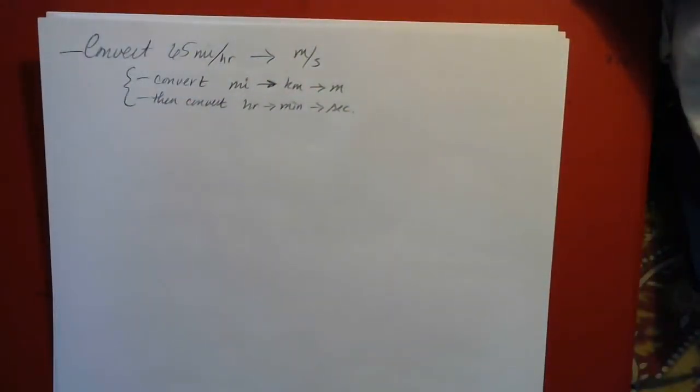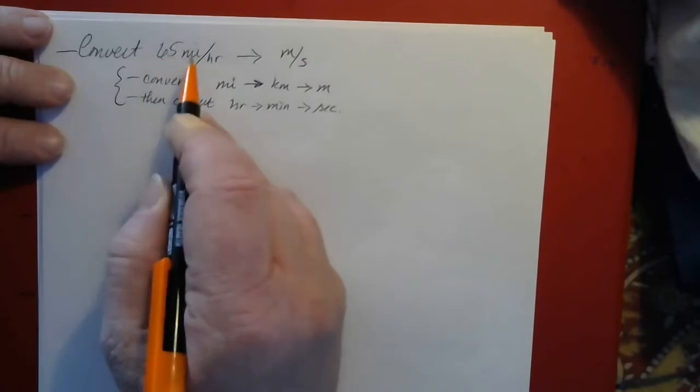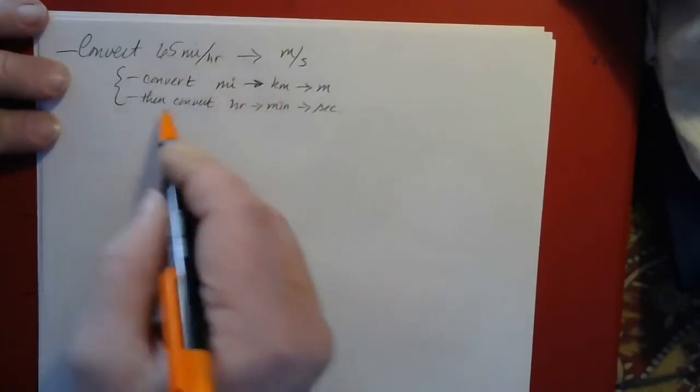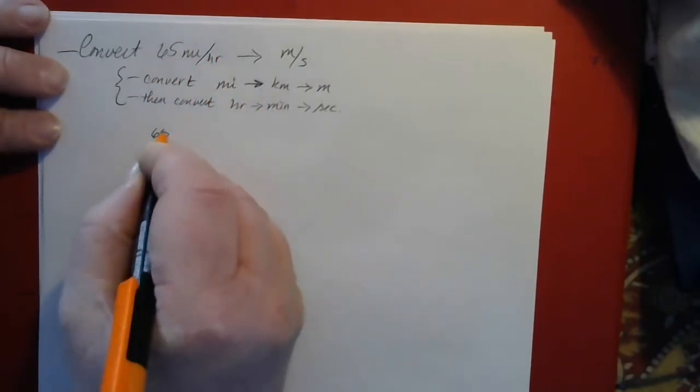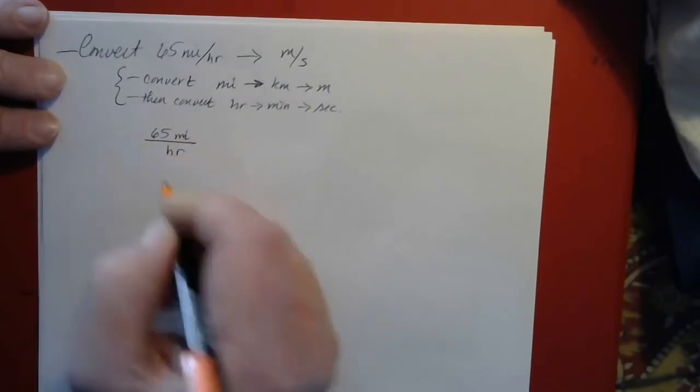What'll make this a lot easier, though, if you're going to convert the numerator unit and the denominator unit individually, separately, would be to rewrite the quantity given, explicitly showing what's in the numerator and what's in the denominator. So 65 mph or 65 mi/hr, I would write as 65 mi over hr.